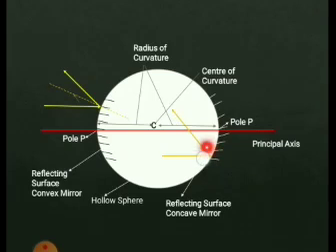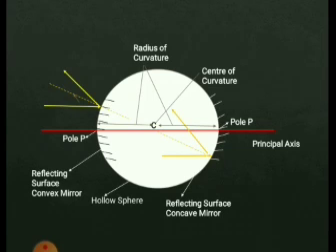So it will pass through in this direction. Here also the angle of incidence and angle of reflection would be equal. I will draw a normal over here. This angle of incidence and this angle of reflection would be equal.